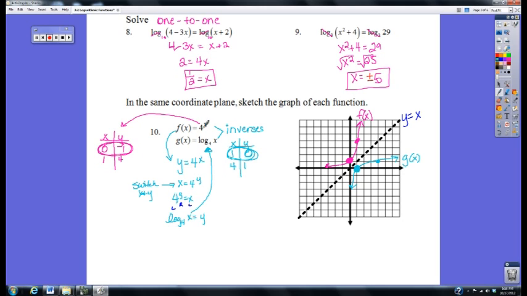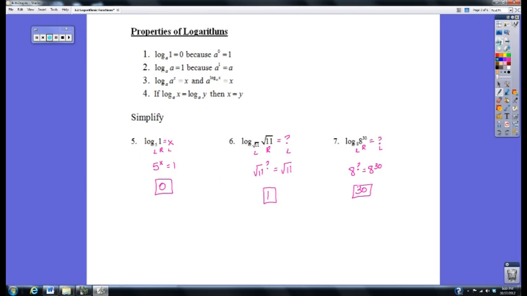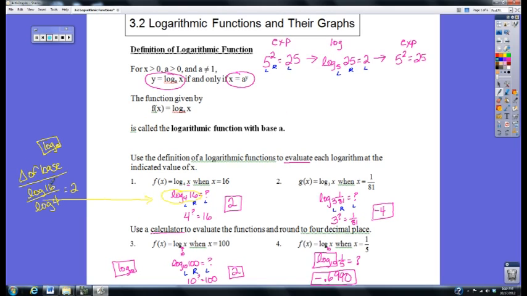Now this is easy to put in your calculator, 4 to the x power, and if you want to put this in your calculator, this is when you would have to use your change of base. You would have to use y equals log of x divided by log of 4. That's your change of base formula that I showed you back over here, log 16 divided by log 4.